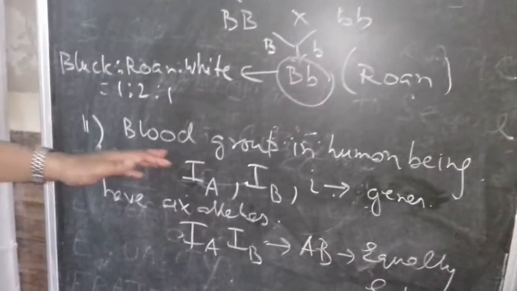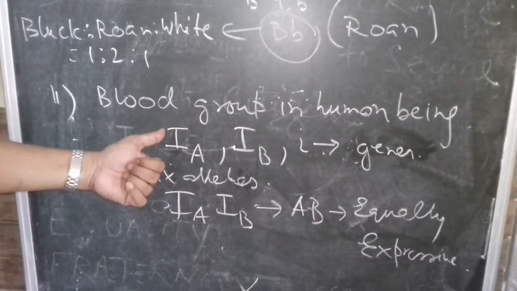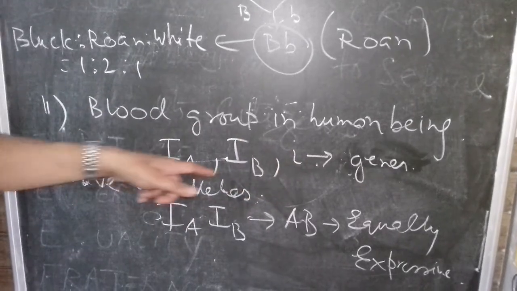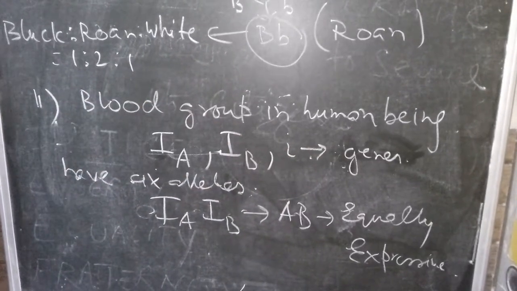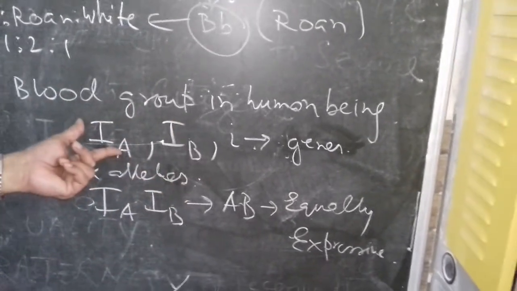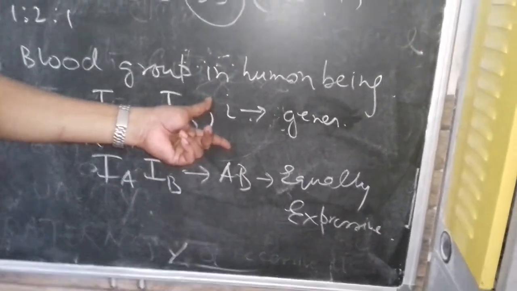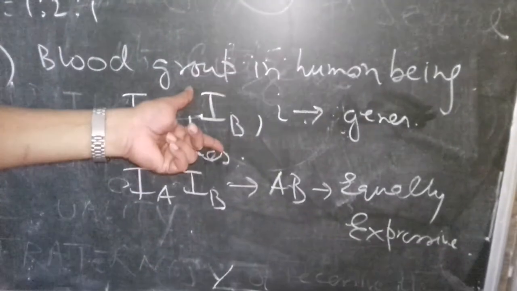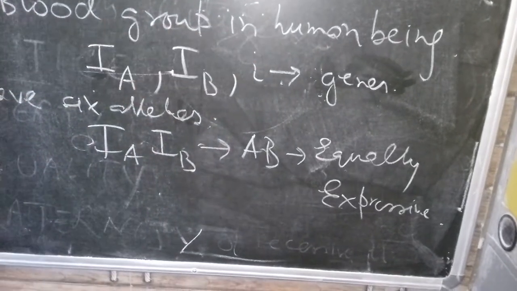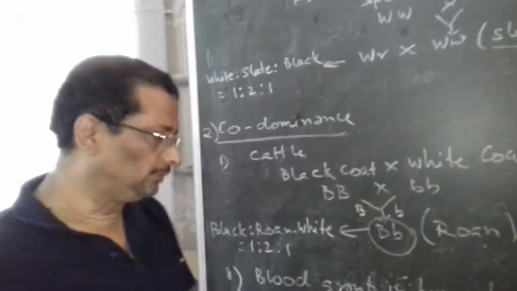Now, an example is also found in the blood group in human beings. We have 3 genes, IA, IB and i, and they are expressed in 6 allelic forms, which are the multiple alleles: IA IA, which is a dominant gene, IA i, one dominant, one recessive, IB IB, IB i, and i i, which is a recessive gene. These are expressed generally in 4 forms, like we say A blood group, B blood group, AB blood group and O blood group.